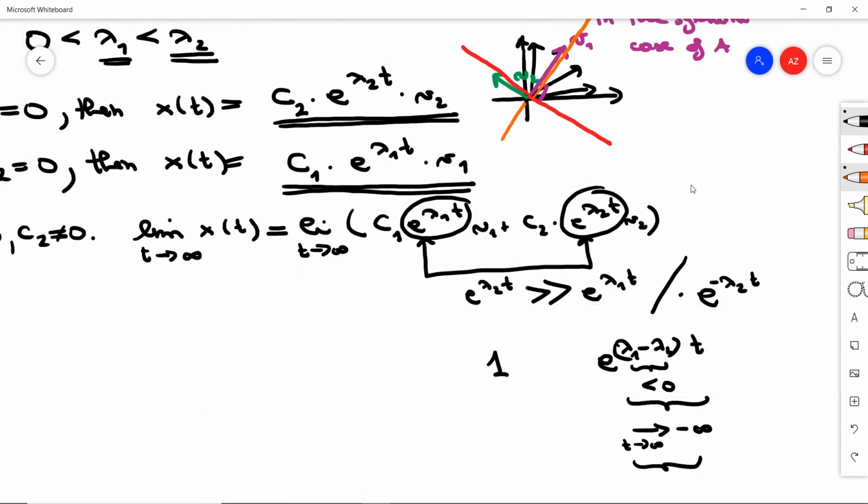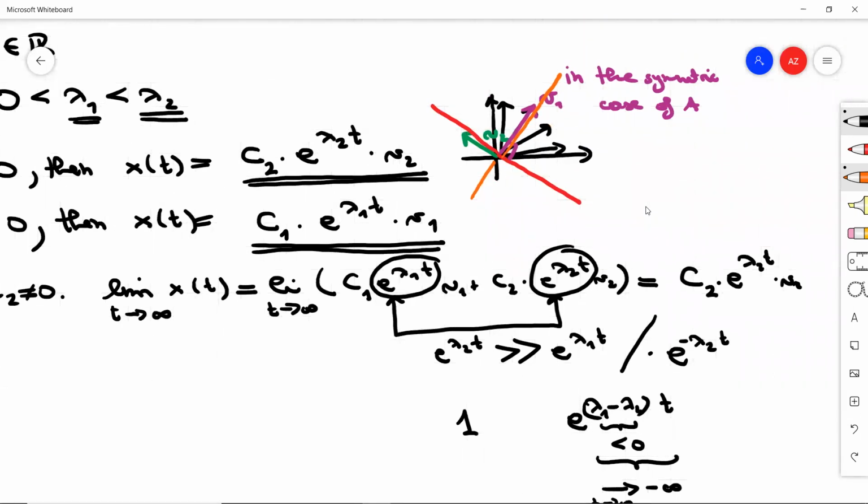That's why we see that e to the power of lambda 2t prevails in the infinity, which means that in the infinity, our solution behaves like C2 times e to the power of lambda 2t times V2.